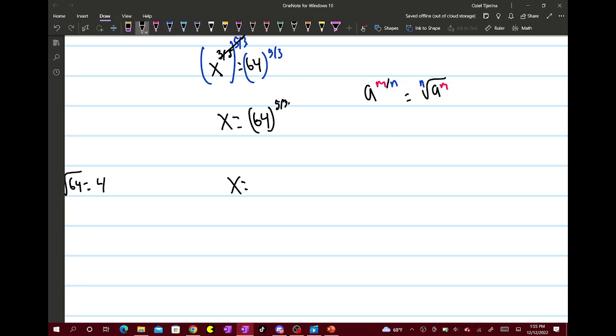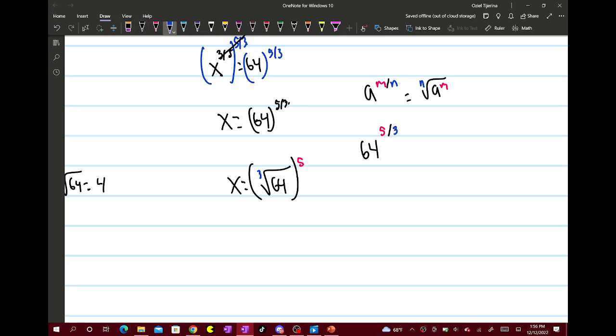So this would be the cube root of 64, and then all raised to the 5th power. Because, like I said, this is 64, and then it's to the 5/3 power.